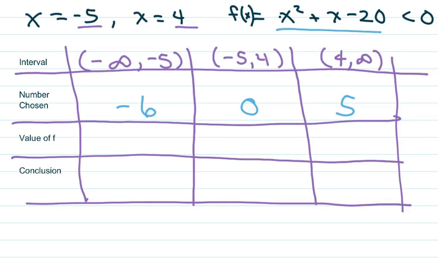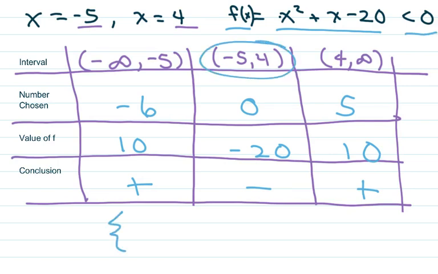And I plug it into my equation to get my y here, or my f, and we get 10, negative 20, and 10 again. Well, 10 is positive, negative 20 is negative, and 10 is positive. And we want negative, so we're choosing that interval. Therefore, my solution set is x, such that x is in between negative 5 and 4.